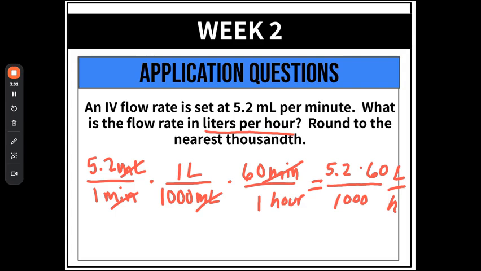Perfect. Okay. So 5.2 times 60 is going to give me 312. I'm going to move down here so we have just a little bit more room. 312 over 1,000.